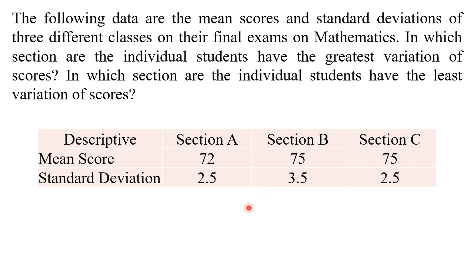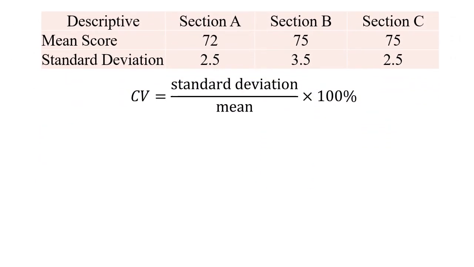Again, the lower the value of the coefficient of variation, the more consistent or the more stable the data is. So we need to convert these values here into the coefficient of variation using the formula. Again, you divide the standard deviation by the mean times 100%.